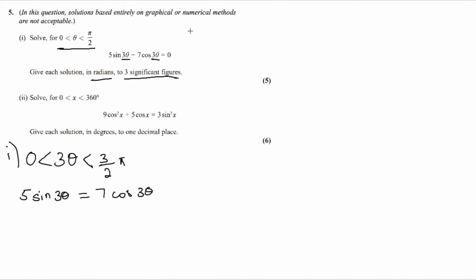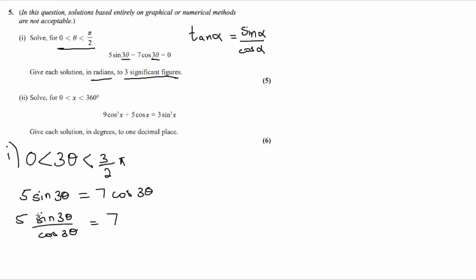If you remember this identity, I'm just going to write it down here. So tan of an angle, let's say alpha, is sine of that angle over the cosine of that angle. So that's what I'm going to use here. So I've got 5 sine 3 theta over cos 3 theta equals 7.